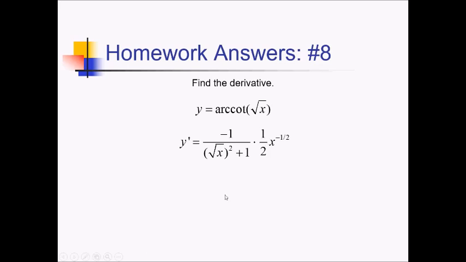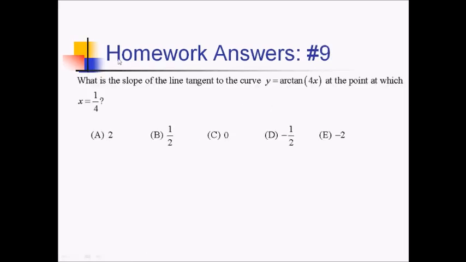For number 9, we just want to know the slope of the tangent line for arctan of 4x at the point where x equals 1/4. So let's take our derivative here. This is going to require a small chain rule. So we've got 1 over this stuff squared plus 1 times a tail of 4 for that inner function.